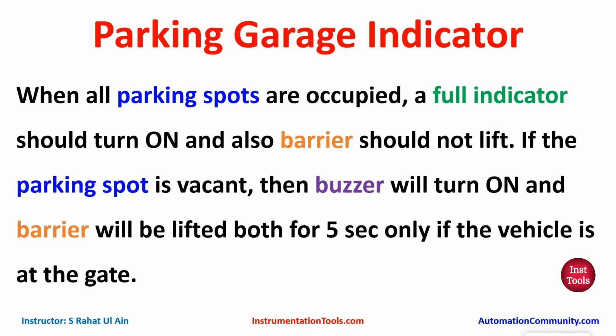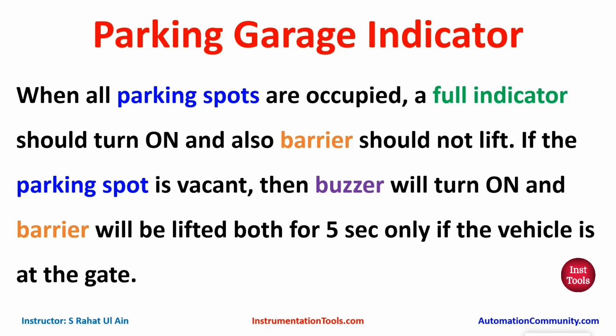So there is another sensor placed at the gate that will detect the presence of a vehicle. So for the buzzer and barrier, there should be a vacant parking spot. With that, there should also be the presence of a vehicle at the gate, and only then the buzzer and barrier will turn on for 5 seconds.